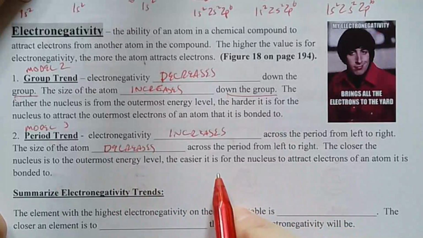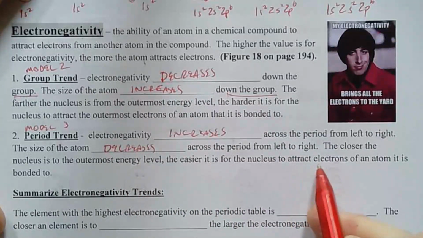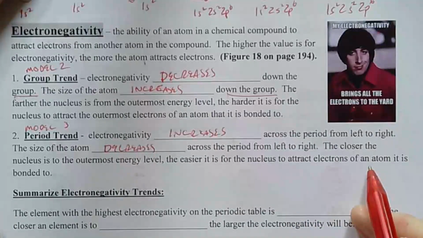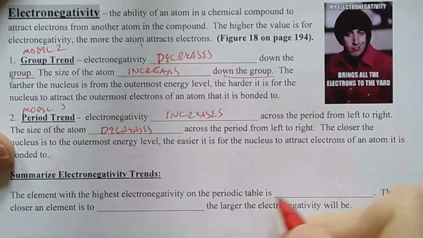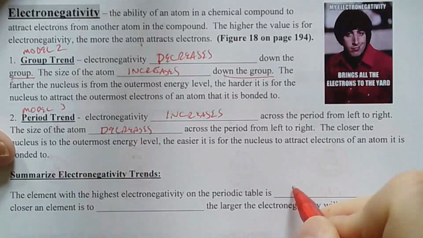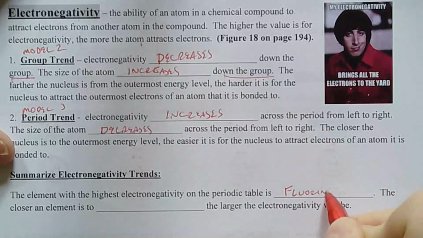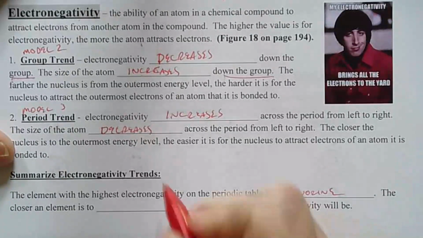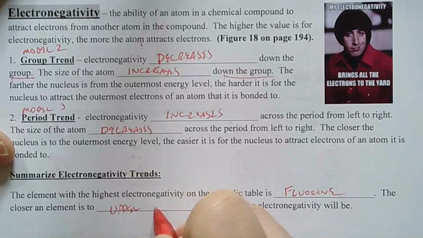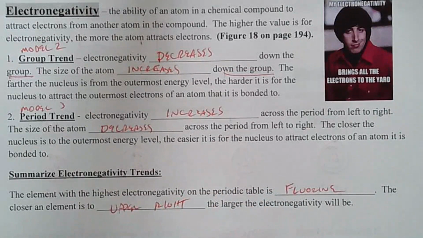So it's going to be much easier for the nucleus to attract or interact with the outermost electrons of another atom that it's bonded to. So the element with the highest electronegativity on the periodic table is fluorine. And the closer an element is to the upper right, the larger the electronegativity will be.